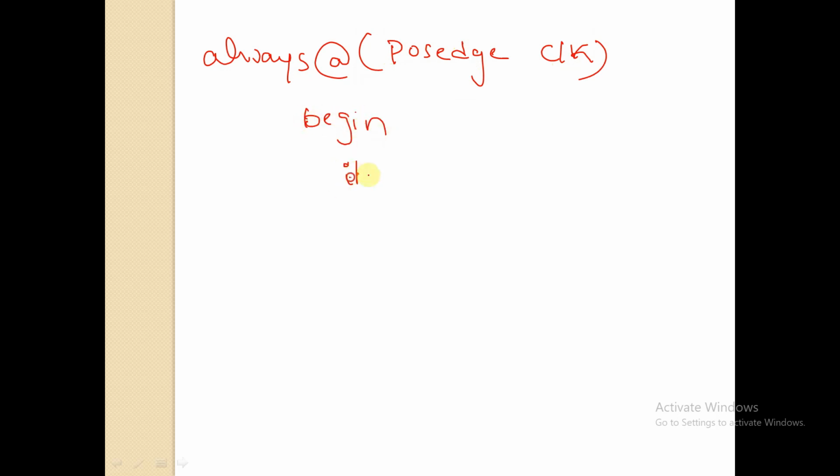So the present state logic will be a sequential logic. For sequential logic, we will include the clock, that is at the passage of the clock, begin. First we will include the reset condition. Since we are writing the present state logic, present state is equal to idle. I will use a non-blocking statement since it is a sequential block.